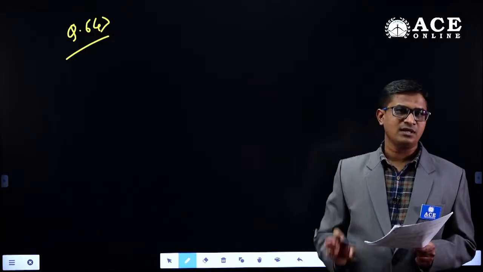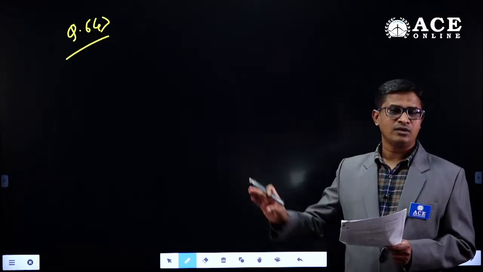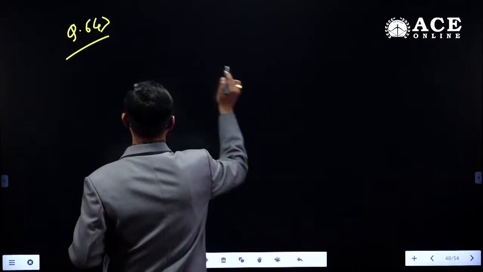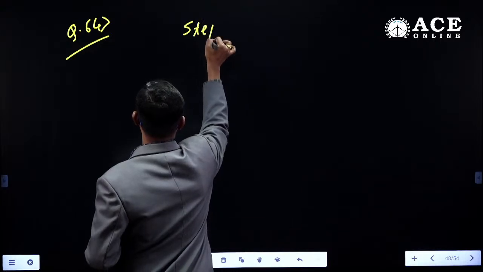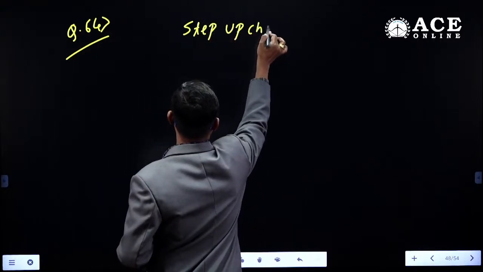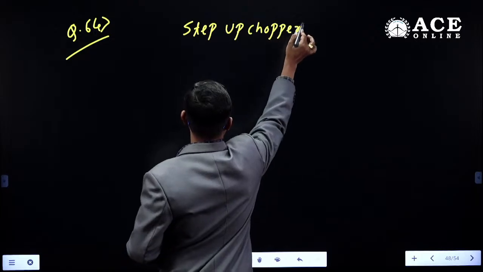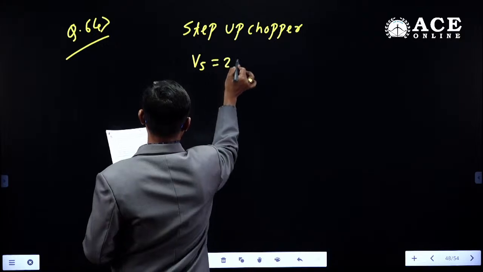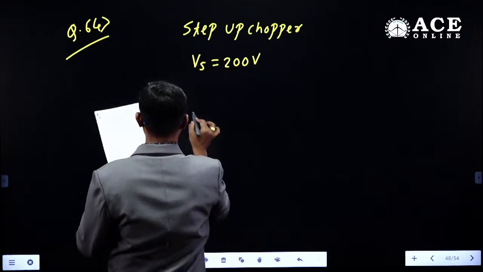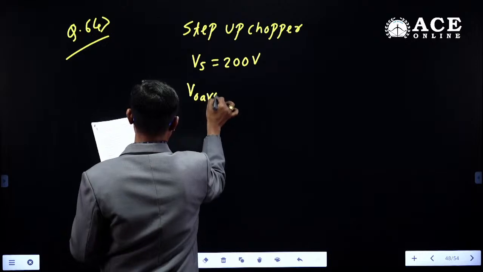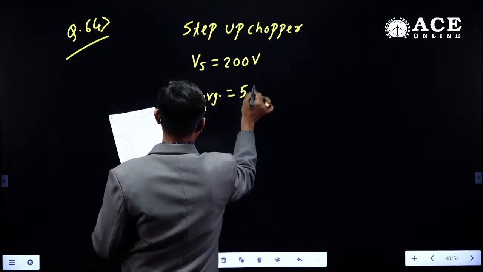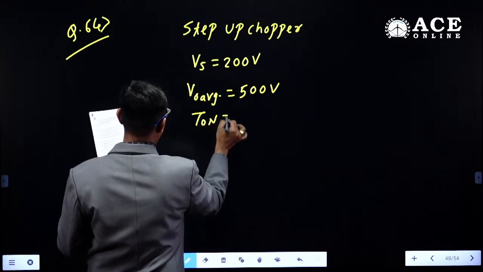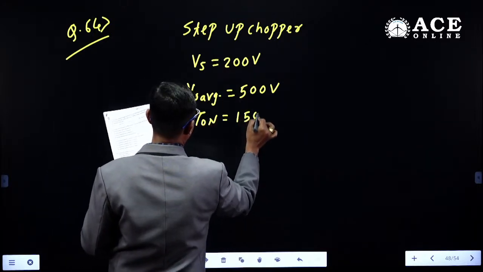So let me first write the given data and draw the circuit diagram also. Here they are talking about the step up chopper. It is given that Vs is 200 volt, V0 average is equal to 500 volt, and the conduction time, that is T on, is equal to 150 microsecond.